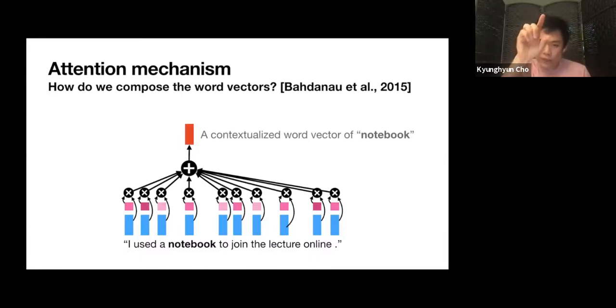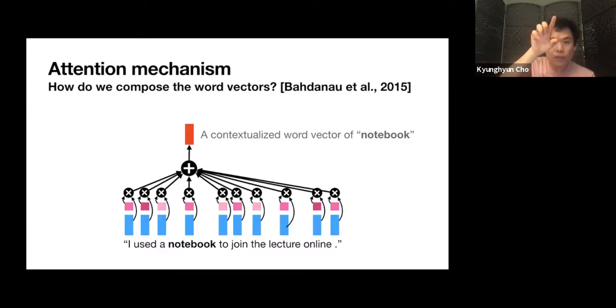So this is a vector that is very specific to notebook, because we computed these attention weights, that is, the relevance of each and every context word with respect to the center word notebook. And it is still a word vector, because we get one vector for this word.